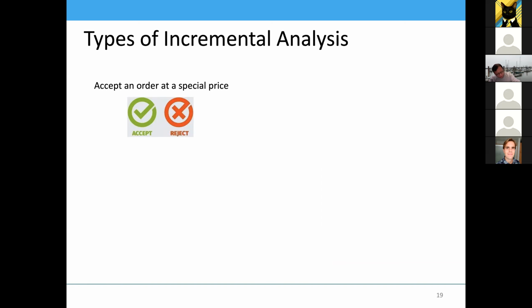Normally you have a normal operation, but all of a sudden there's an order from a customer who wants to pay you less money, less than the normal price. Would you accept the order or not? That would be one scenario. You can use incremental analysis to see which alternative is better: accept it or reject it.